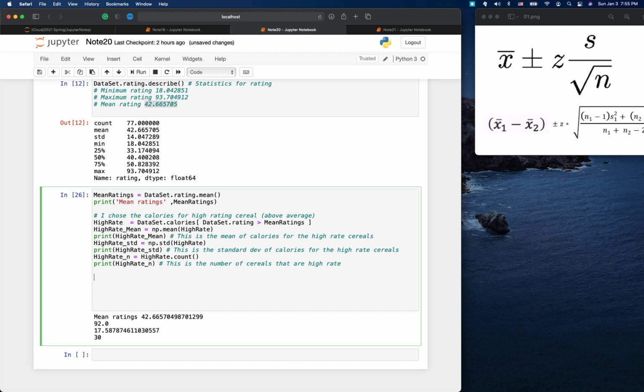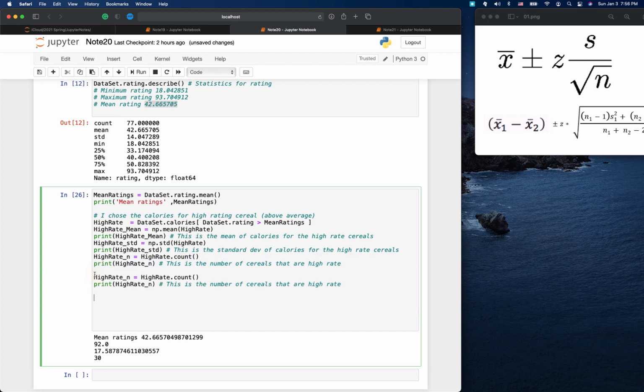So I have the mean, I have the count, I have the standard deviation, and let's calculate the standard error. We show that with SE. So what is the standard error? In this formula on the right side of the screen, we see that it is S divided by square root of n.